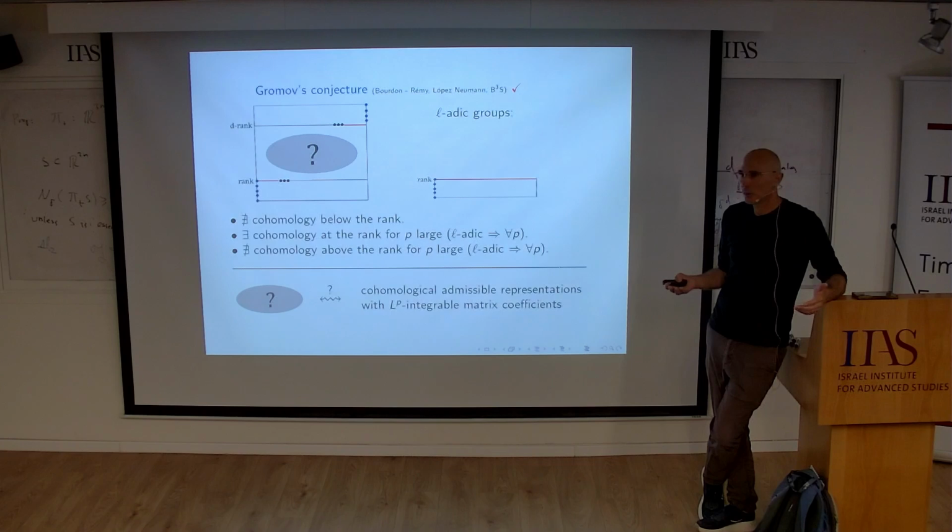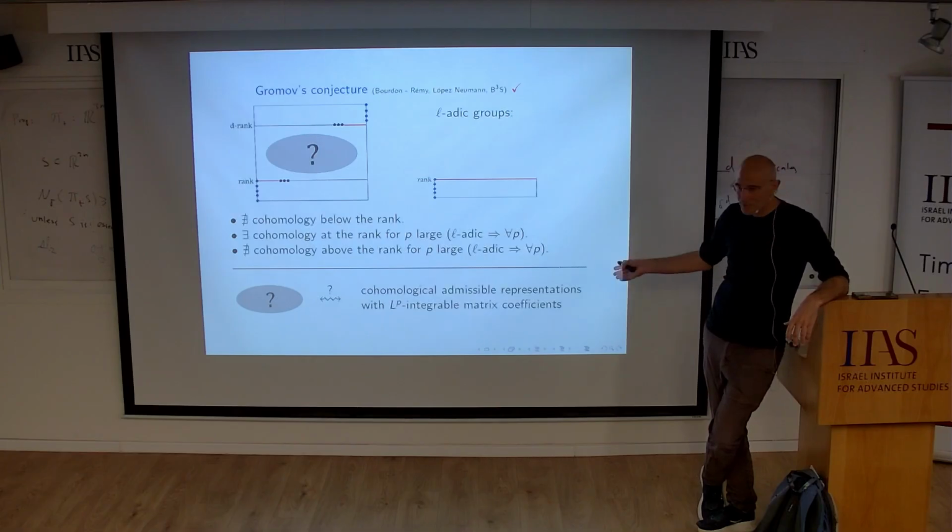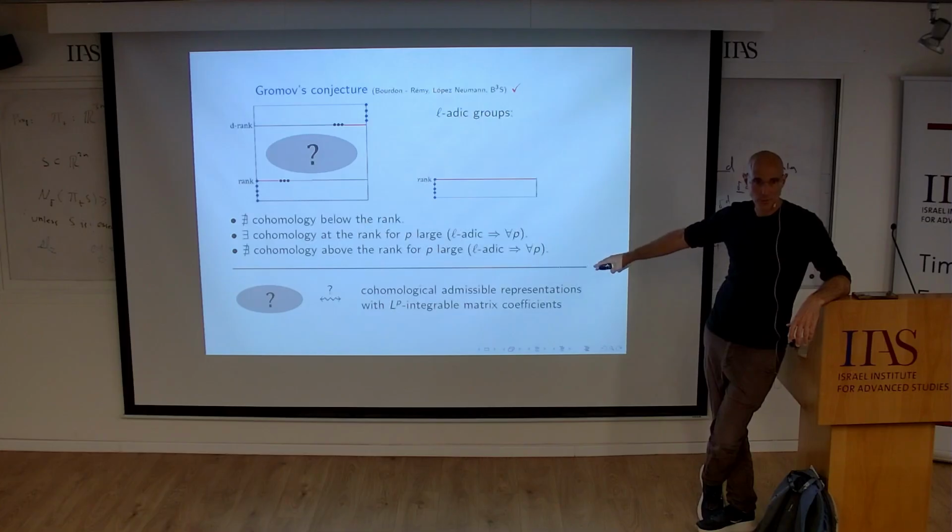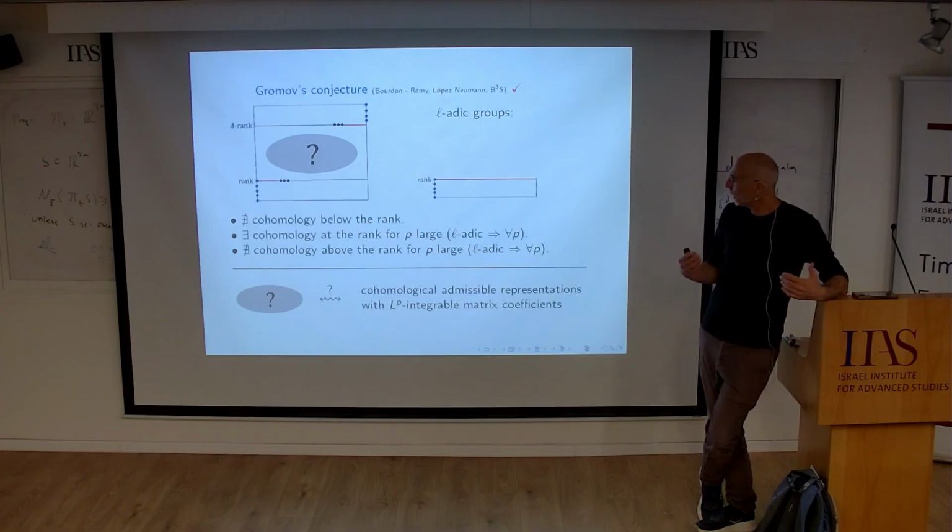How do we approach the unitary dual of a group? How do we approach all irreducible representations? There are these techniques of looking first at a maybe much larger category of admissible representations. This is something defined algebraically, and then you look among them for those which actually carry a unitary structure.